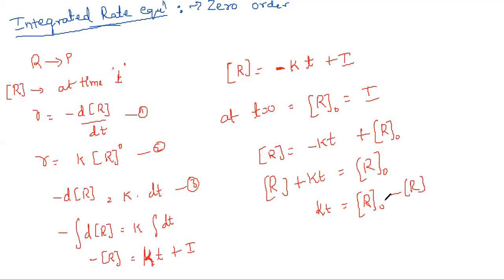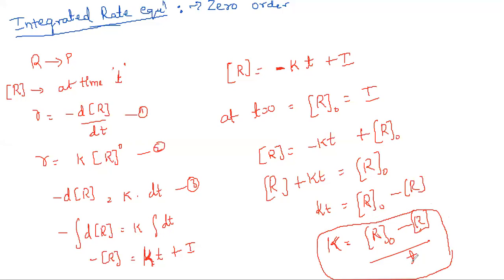Keeping k there, the rate constant k is equal to [R]0 minus [R] whole thing divided by t. So this is the important derivation for zero order reaction, that is k is equal to ([R]0 minus [R]) by t.